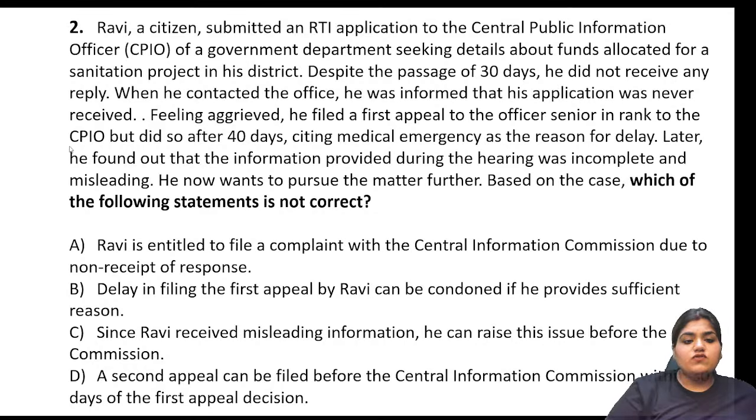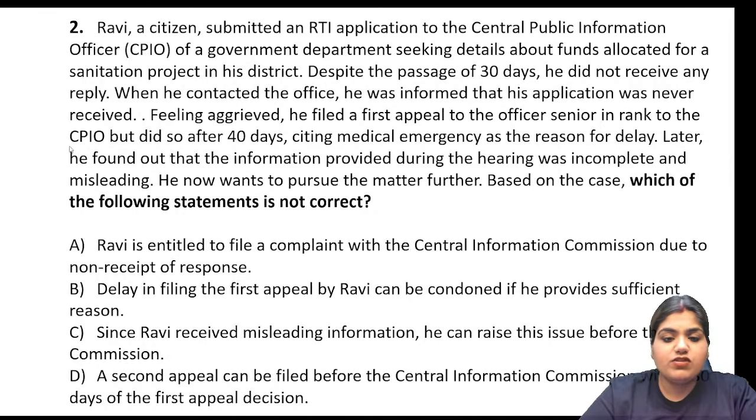Based on the case, which of the following are correct? Can the delay be condoned? Yes, it can be. Delay in filing first appeal can be condoned if he provides sufficient reasons. Option B is correct. We have to tell what is not correct. Ravi is entitled to file a complaint to the CPIO due to non-receipt of response.